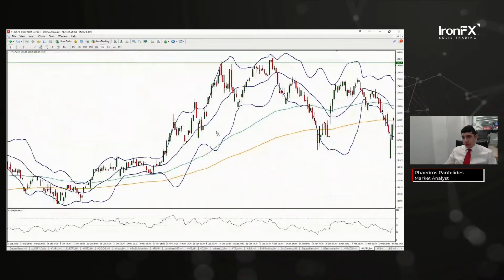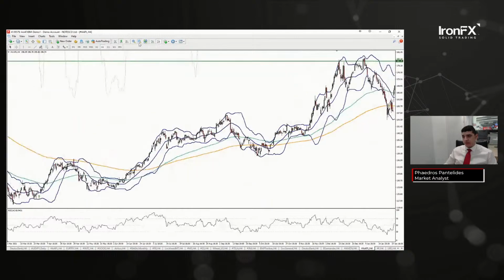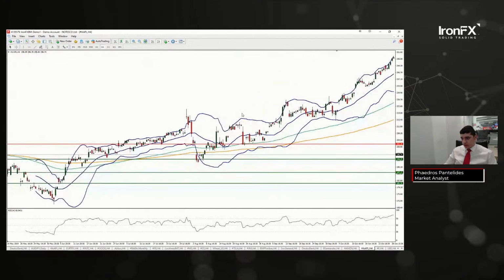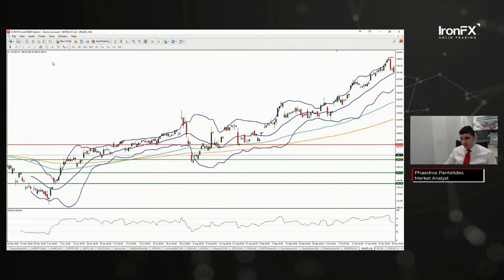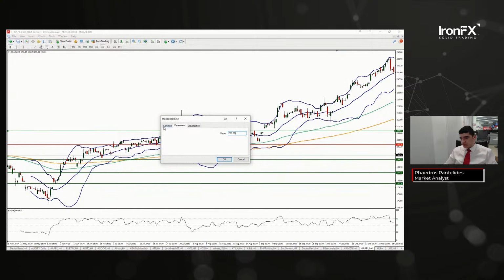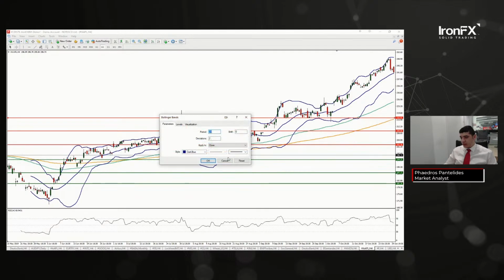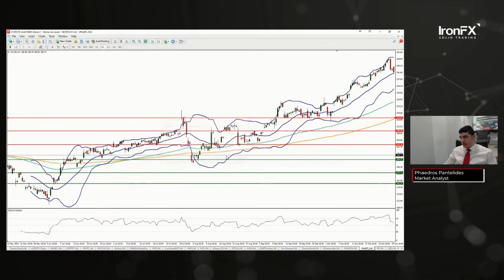But nonetheless, let's place R2 and R3. Now, this was a stock split, but looking at historical data, we could have R2 209.80, and then we could place R3 previous high 216.90, and there we go.